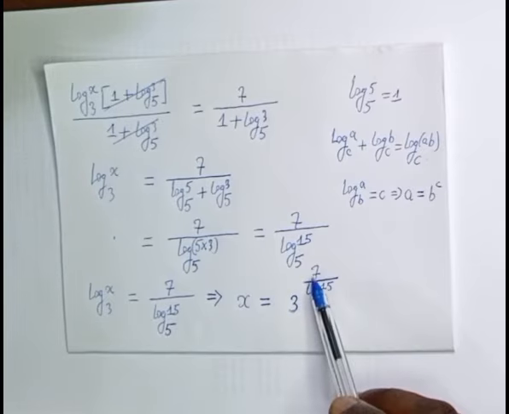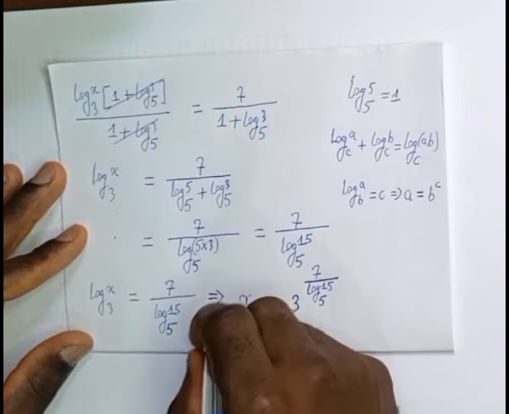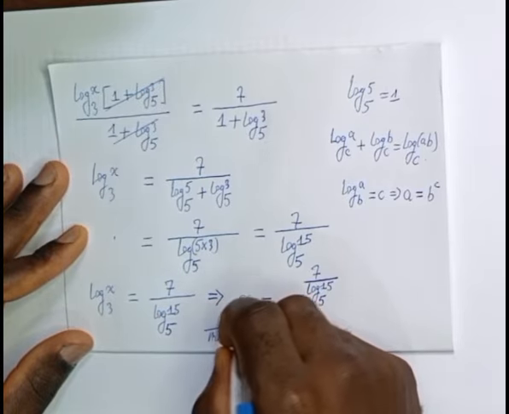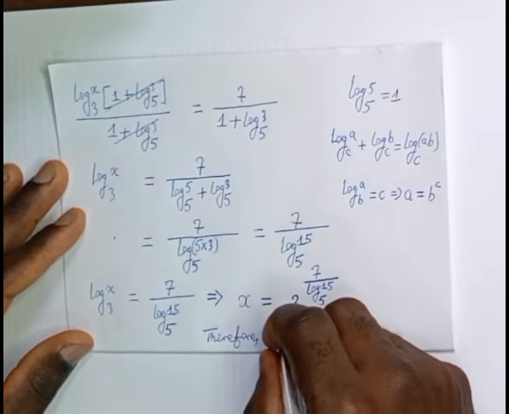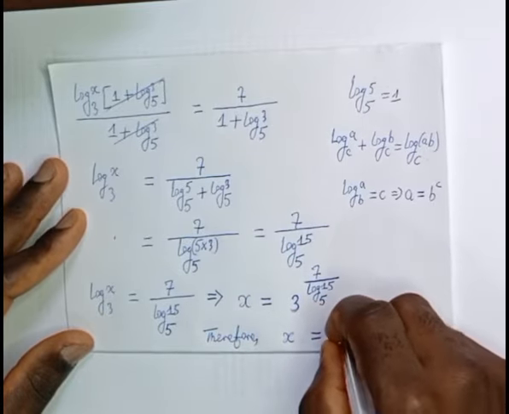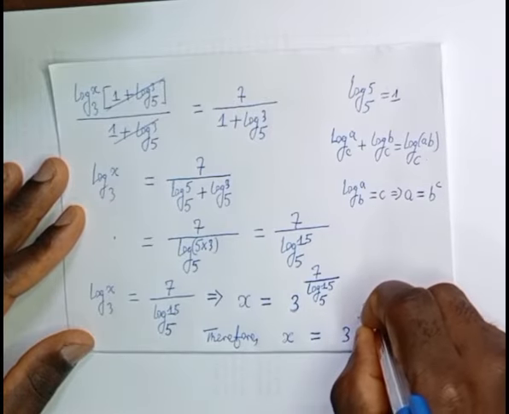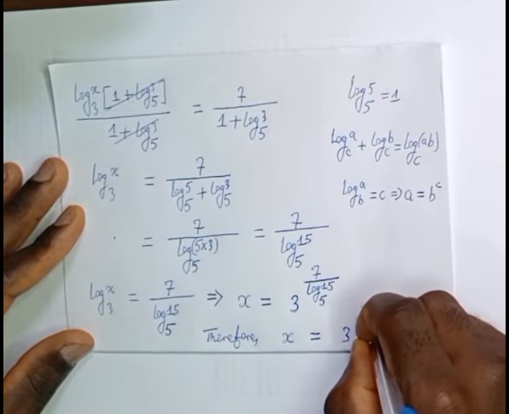This cannot be further simplified. We are simply going to conclude, therefore, x is equal to 3 raised to the power 7 all over log 15 base 5.